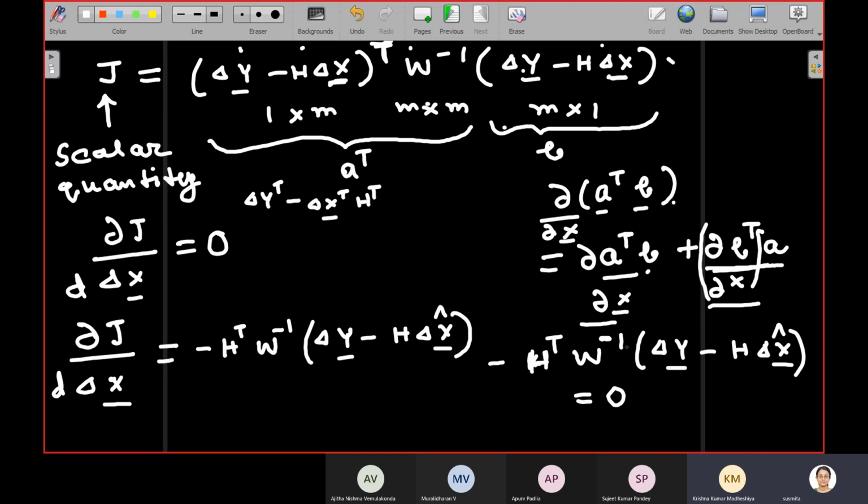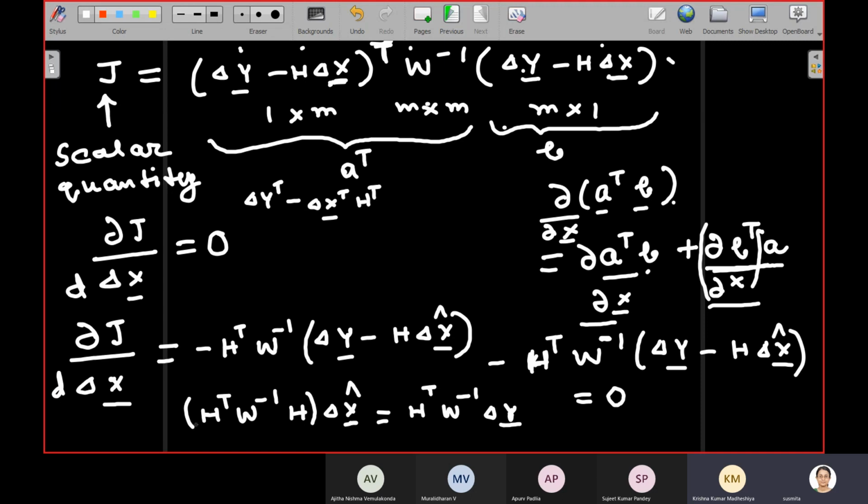So what we have is, if we rearrange all the terms, we basically have this H transpose W inverse H delta x hat is equal to H transpose W inverse delta y. This. Right, now we want to find an estimate of this.